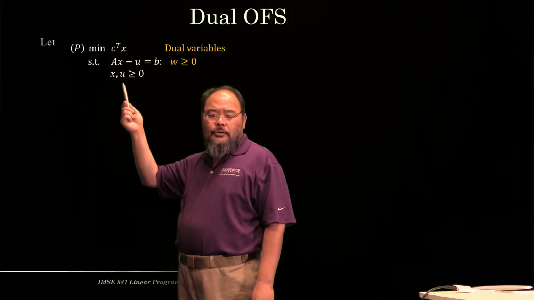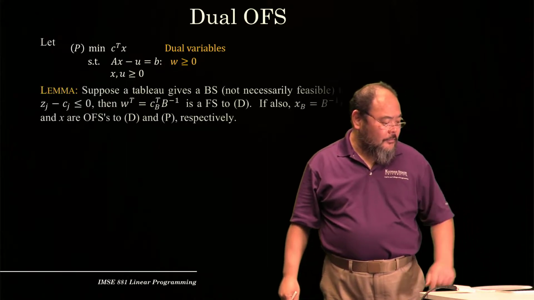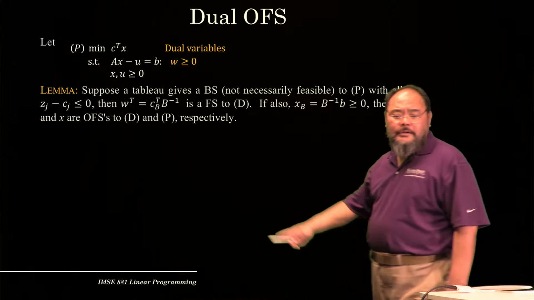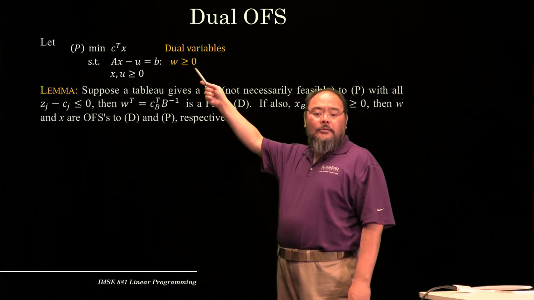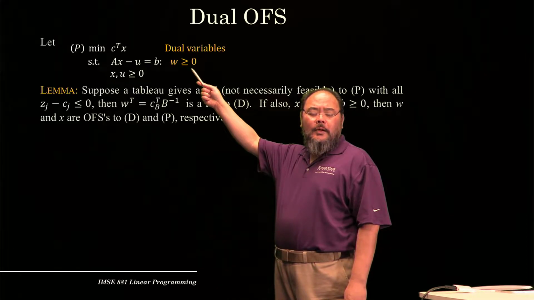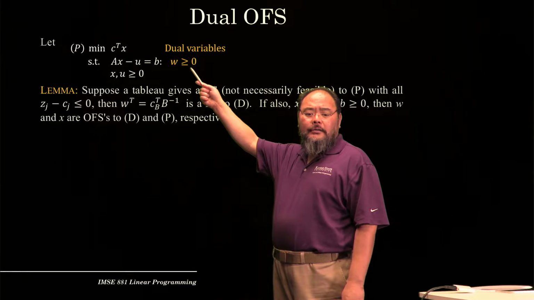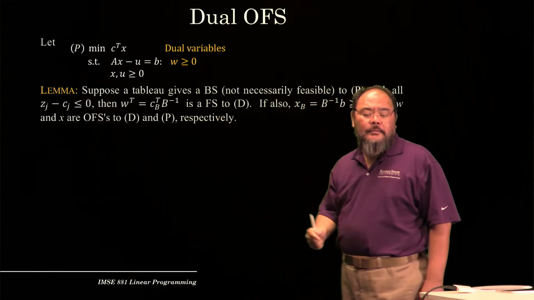Both x and u are non-negative. For this primal constraint, we have a corresponding omega. Since it's a greater than or equal to constraint, the dual variable omega is also non-negative.